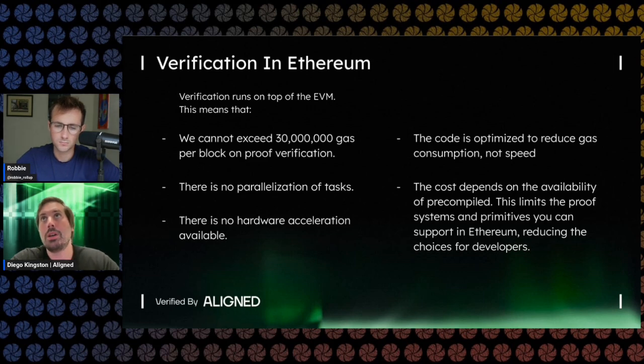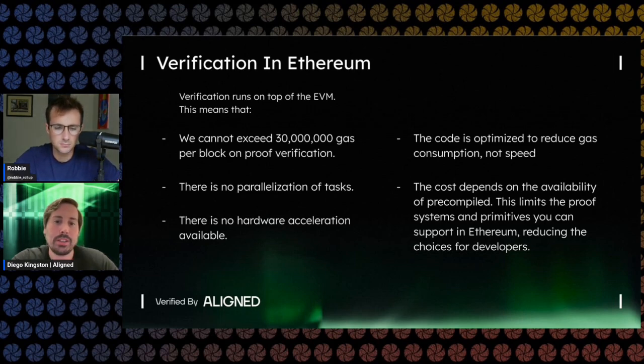For example, pairing-based proof systems are way cheaper than others because the pairing has a fixed cost. It's going to take more or less 100,000 gas or something, at least for the checks you have to do. And so that may be way less than, I don't know, other things that you have to do for other proof systems. Of course, the main problem with this is that then you are limiting the kind of proof systems and primitives that you can use in Ethereum, okay?